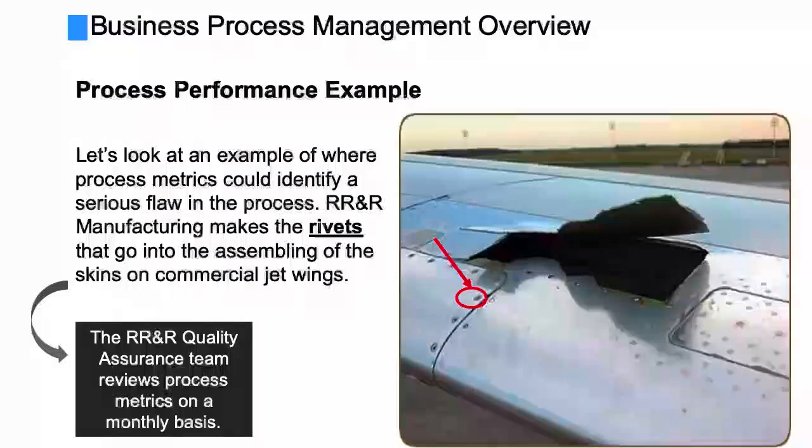So in this industry, I would imagine they have very strict tolerances that a widget has to be produced within very strict guidelines because we want zero failures of a rivet at 30,000 feet in the air. So just a very simple example of how important it is to reduce variability, and that rivet is the same quality, high quality, every time it comes off the line.